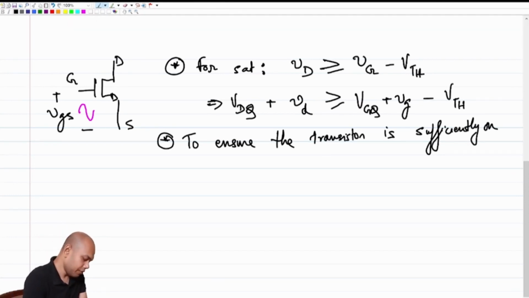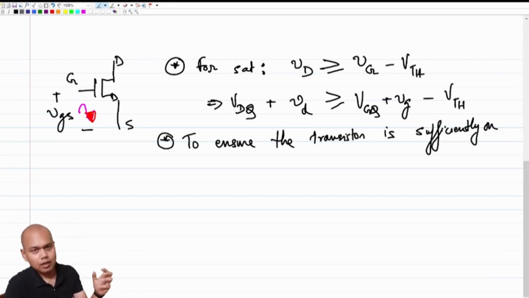However, when VGS goes down, what is the likely cause of problem? The likely potential problem is that the transistor can get into cutoff, right?